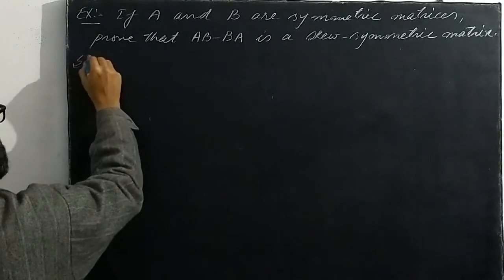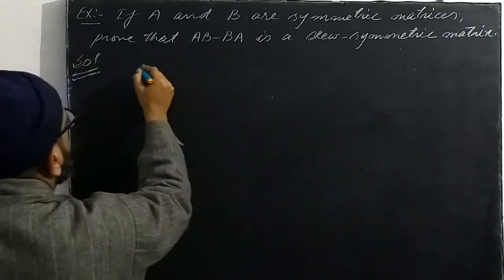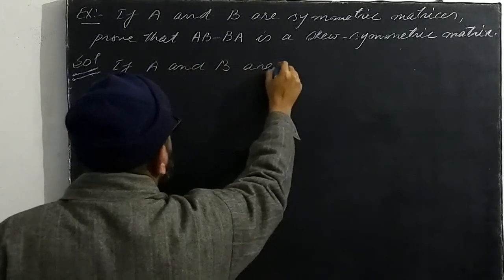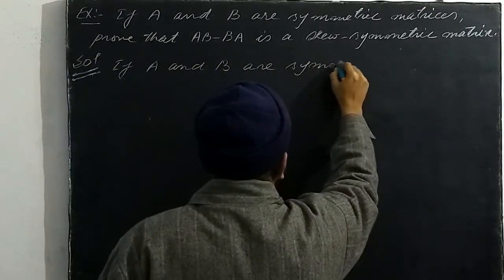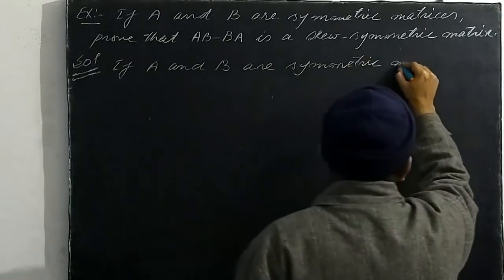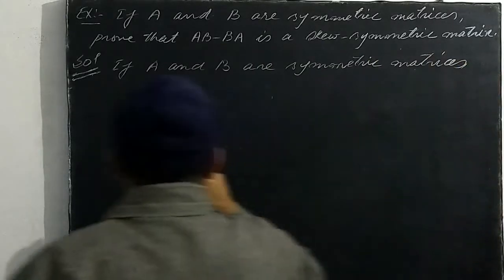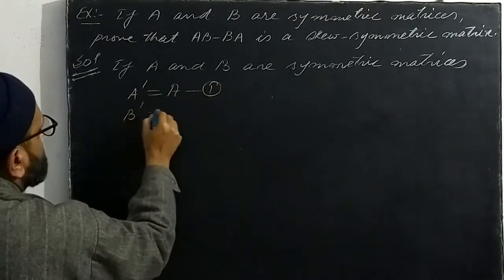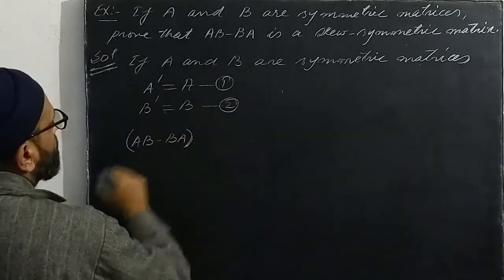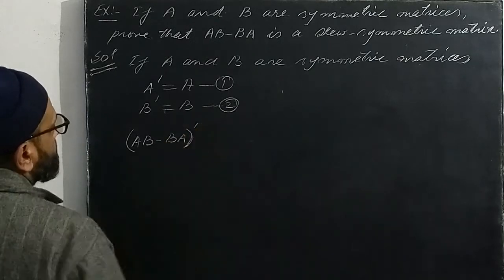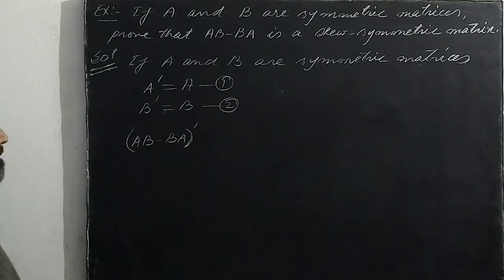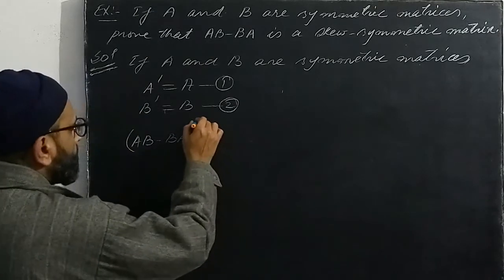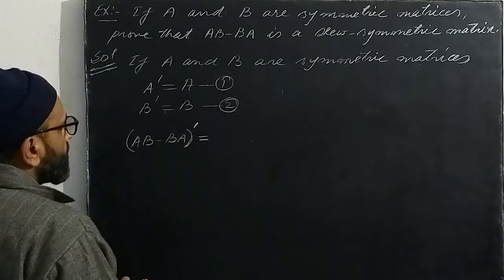Solution: if A and B are symmetric matrices, then A dash must be equal to A and B dash is equal to B. Let us take the transpose of AB minus BA, that is (AB minus BA) dash is equal to, as we know well, the transpose operation is distributive over every bracket.